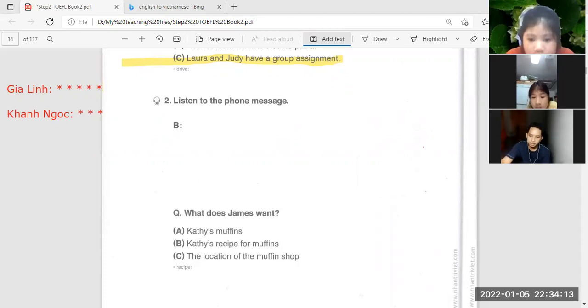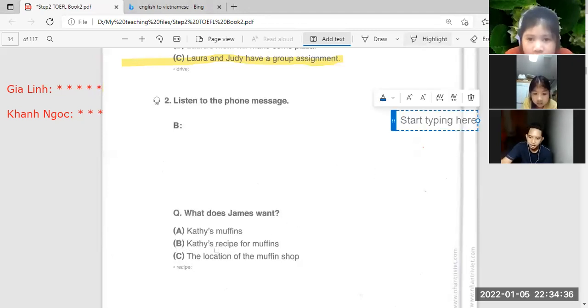Okay, what does James want? What about Kangok? What is your answer? I choose B. What about Yelling? I choose B too. All right, so the correct answer is B. Very good.